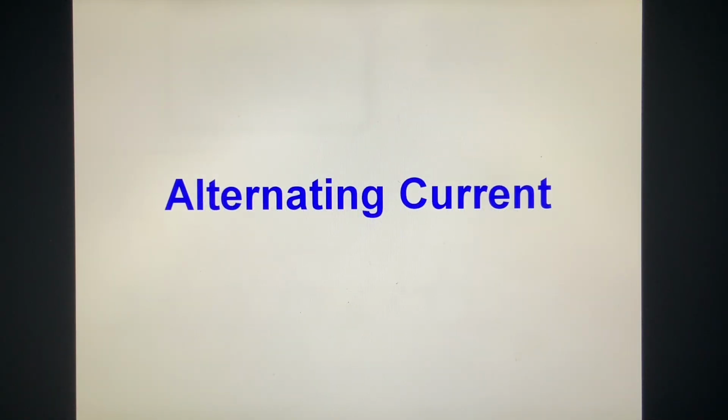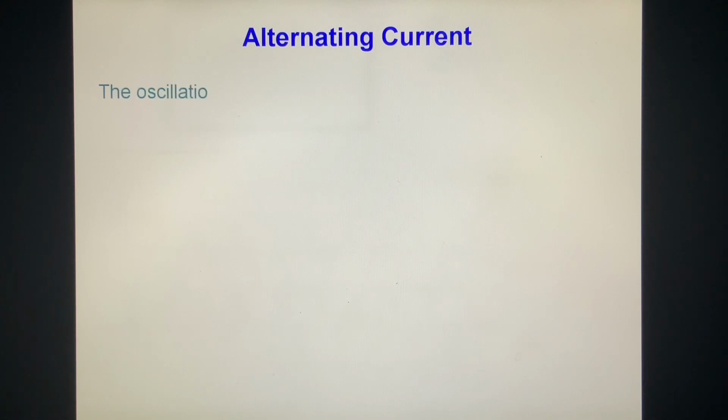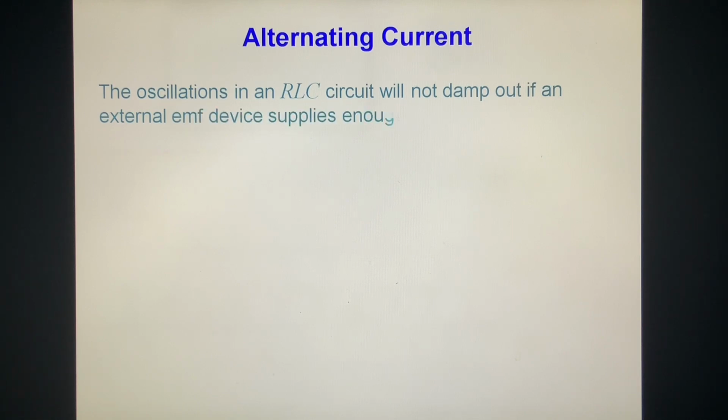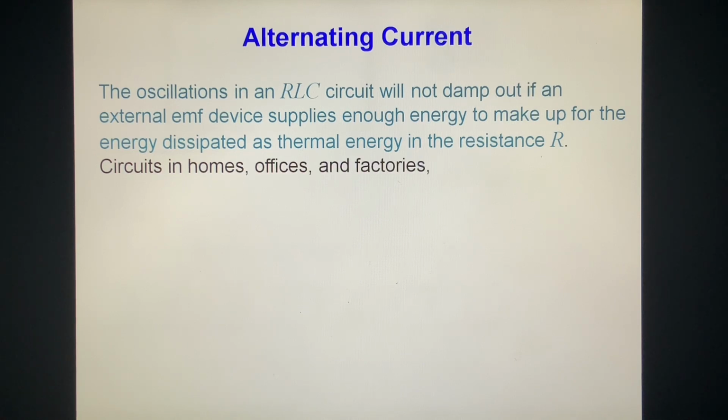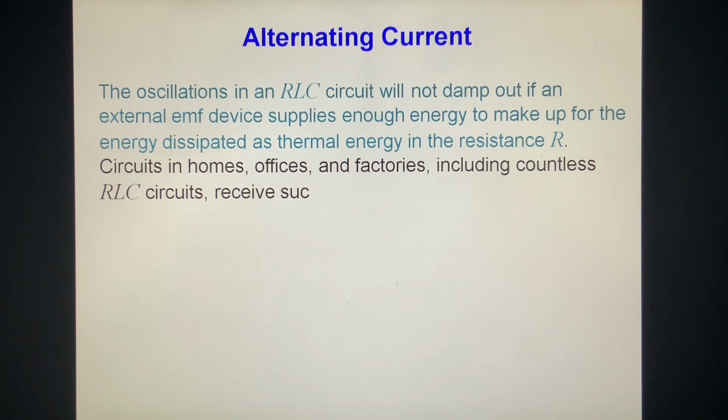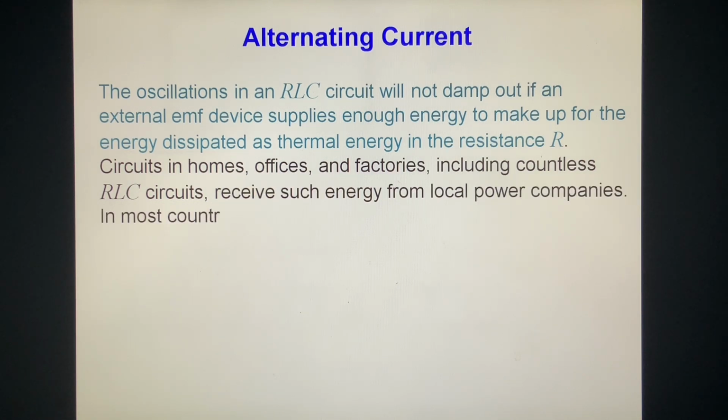Alternating current. The oscillations in an RLC circuit are not damped out if an external electromotive force device supplies enough energy to make up for the energy dissipated as thermal energy in the resistance R. Circuits in homes, offices, and factories, including countless RLC circuits, receive such energy from local power companies.